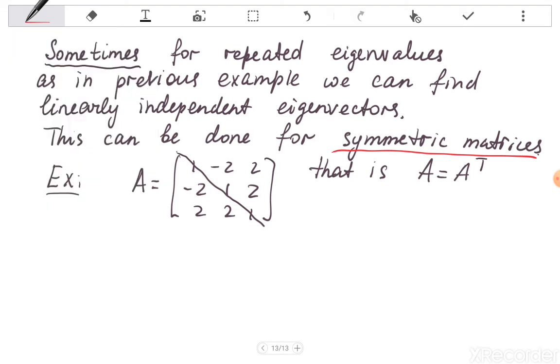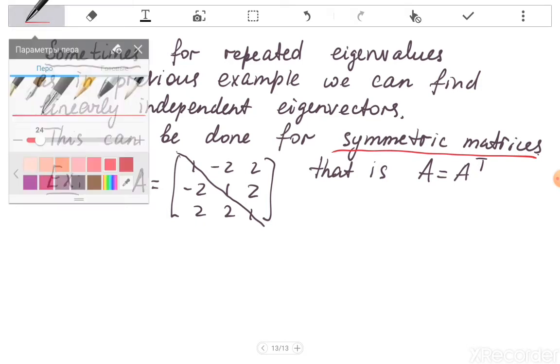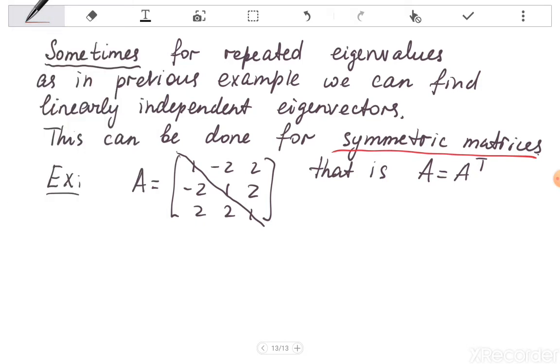So if the matrix is not symmetric, then it's not always possible to find linearly independent eigenvectors.